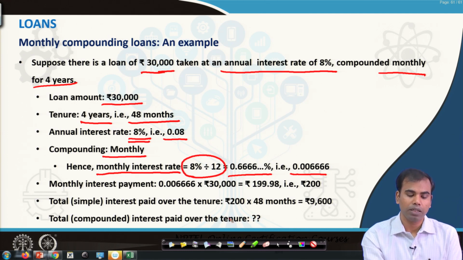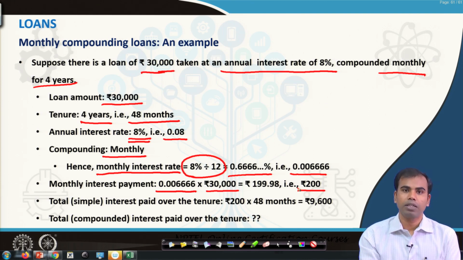So, the monthly interest that the person who has taken this loan will be paying is 0.006666 times the amount of money that has been borrowed. So, 200 rupees of monthly interest is being paid.